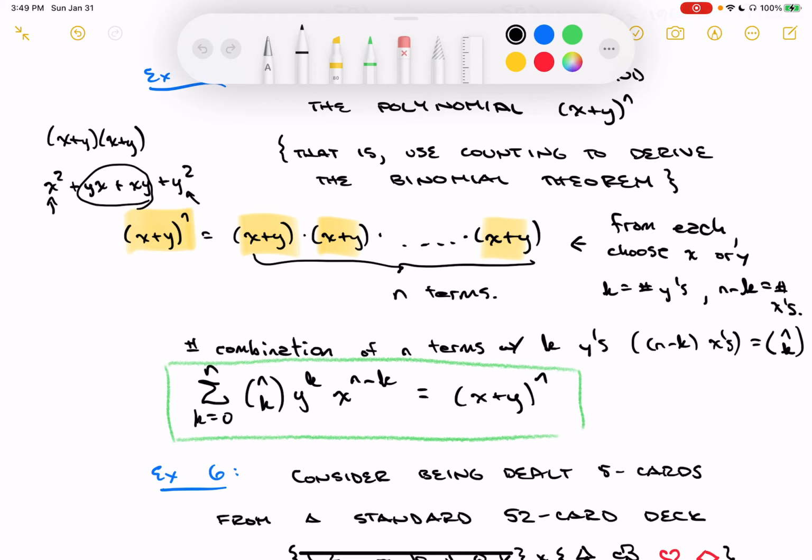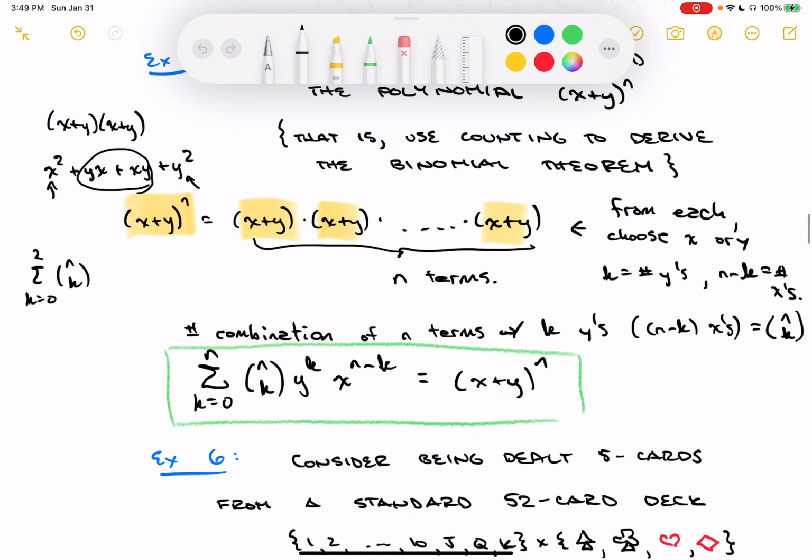And so what did the binomial theorem say? It says, let's go from k equaling 0 up to, in this case, 2. There were two terms, so 0 to 2. I'm going to have n choose k, and I'm going to have my y to the k, and I'm going to have my x to the n minus k. Break that up term by term. Put k equaling 0. And I should have put in there instead of my n, we know what n was in this case.